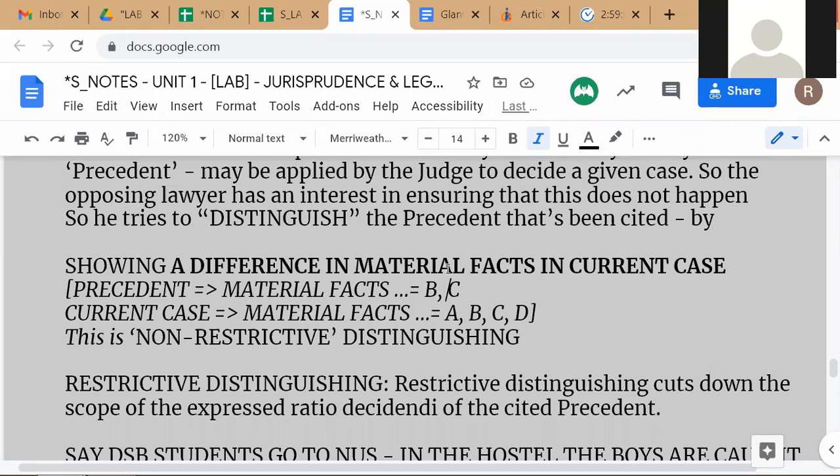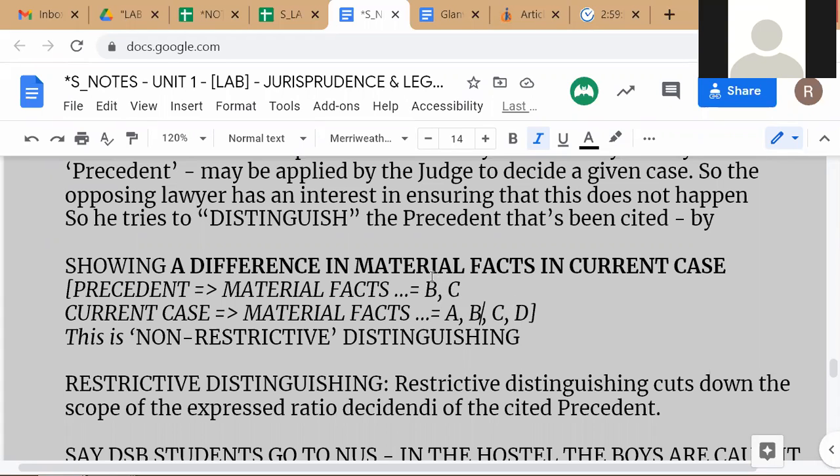Let's say there is a drunk driving case, where a man was drunk and driving, and he injured a pedestrian, and the same thing is there in your case, but this case would not have B in it. This is not a good example actually.